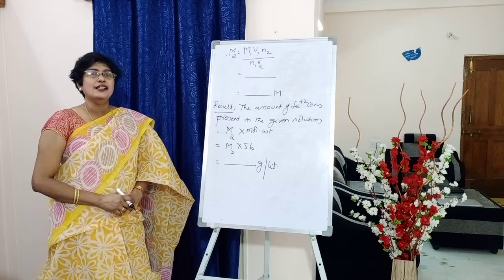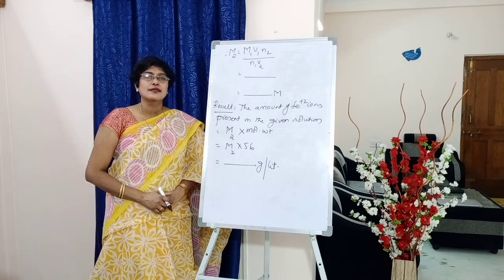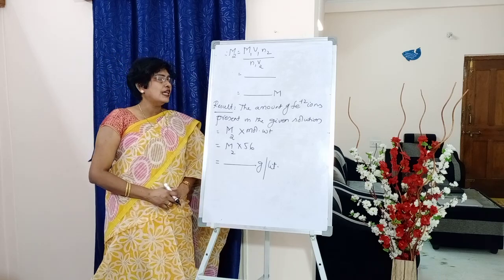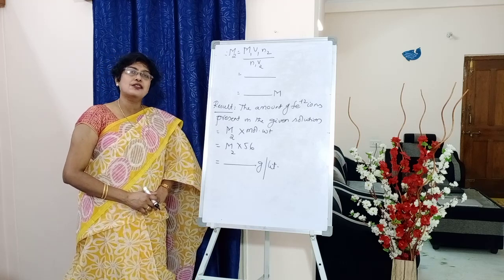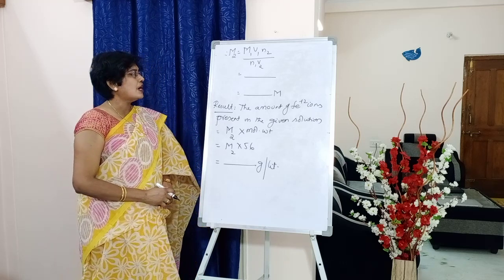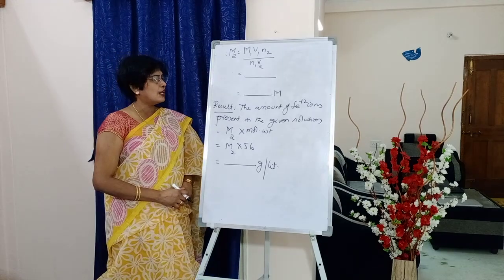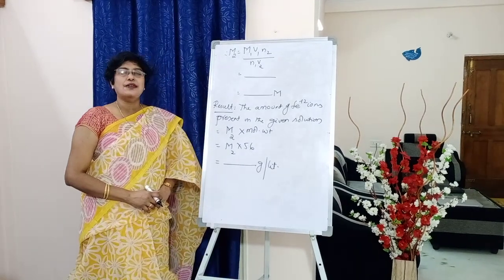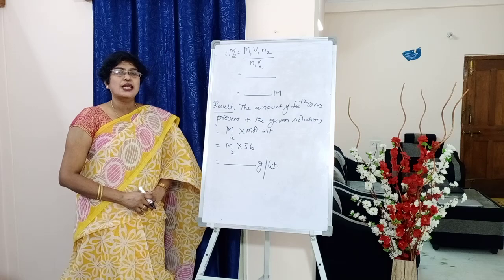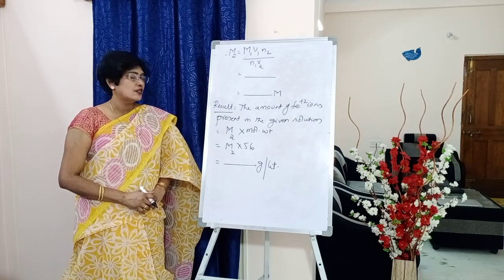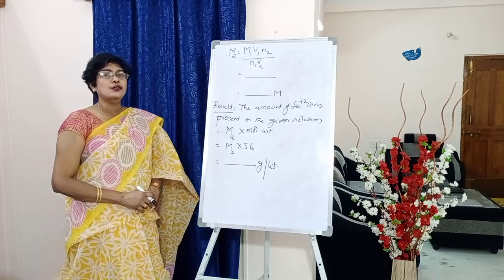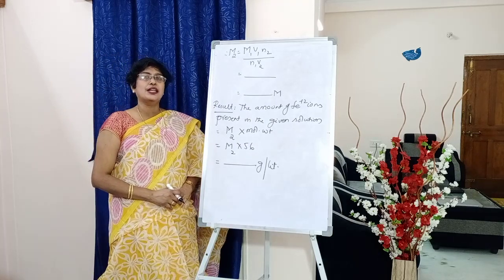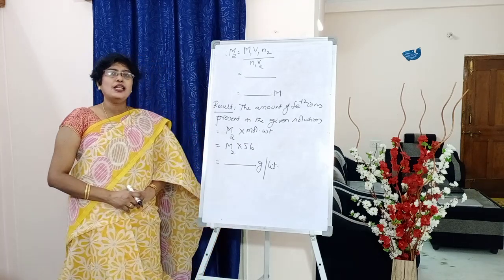So finally, result: the amount of Fe+2 ions present in the given solution is equal to M2, that is molarity of Fe+2 ions, multiplied by molecular weight.